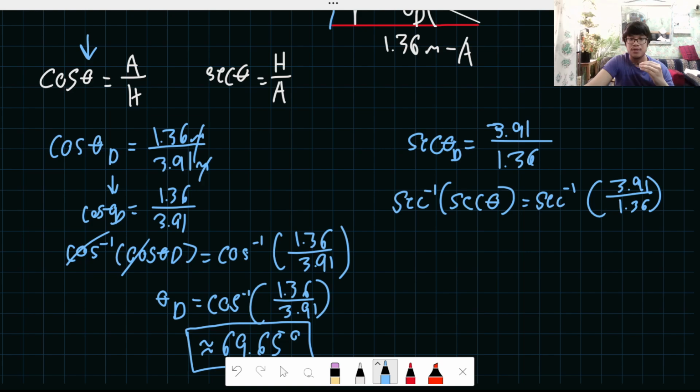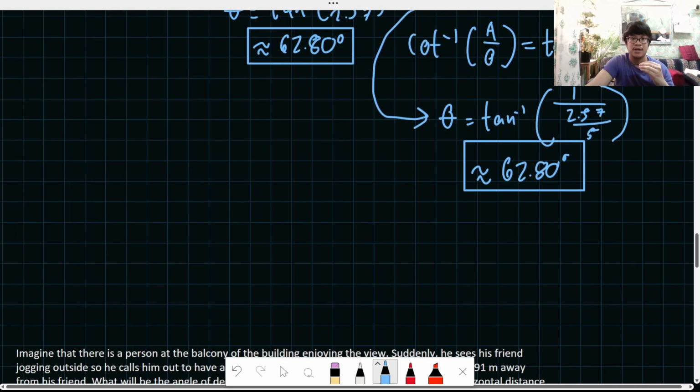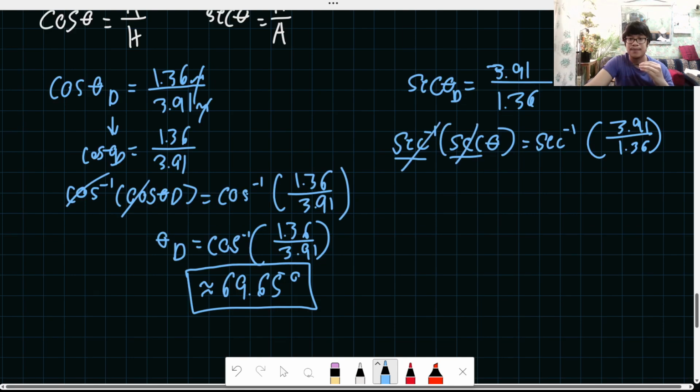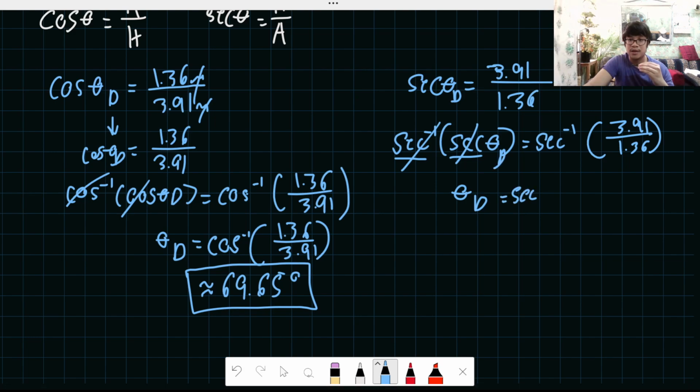Just like what we did earlier, inverse secant of secant, like inverse cosine of cosine, like inverse tangent of tangent, we can simply cancel them. So theta is equal to arc secant of 3.91 over 1.36.